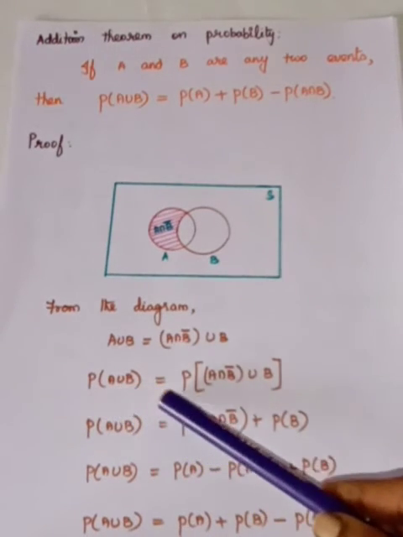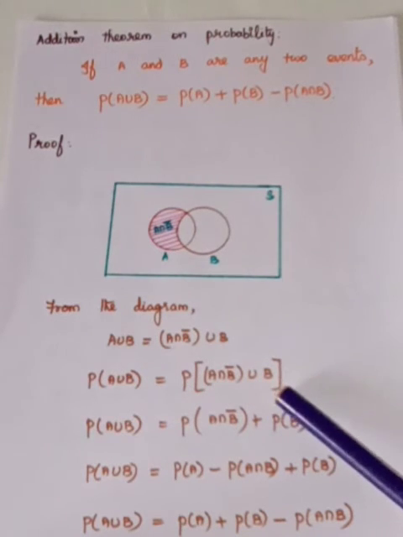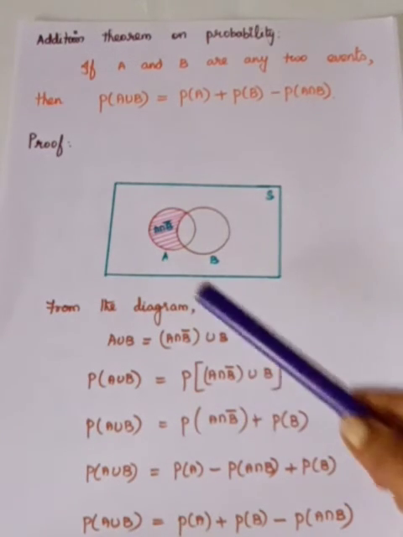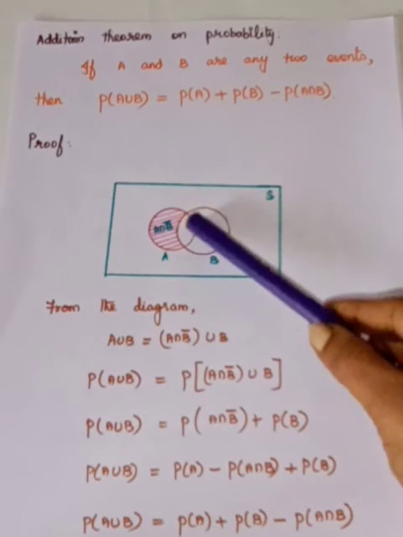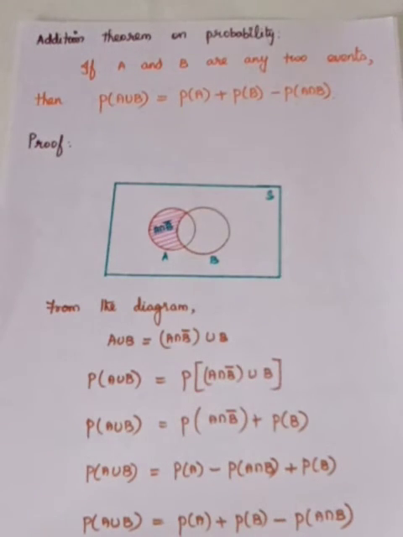P of A union B is equal to P of A intersection B bar union B. Look at A intersection B bar, the pink part, and B: there is no common element between them, so they are mutually exclusive.